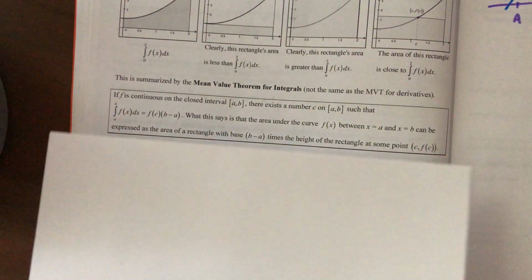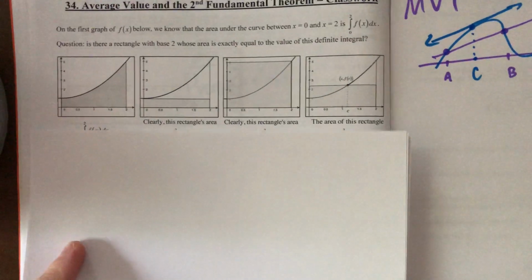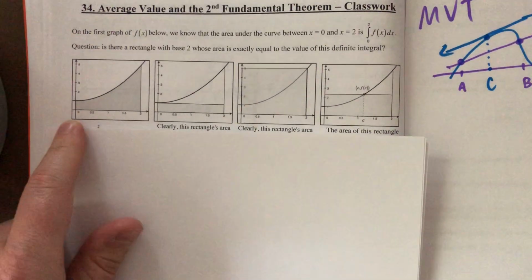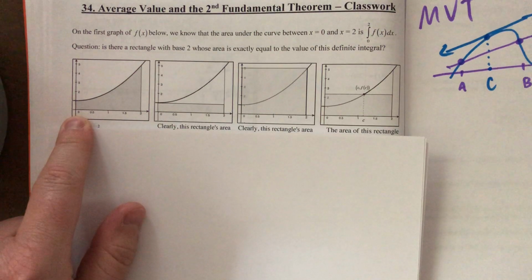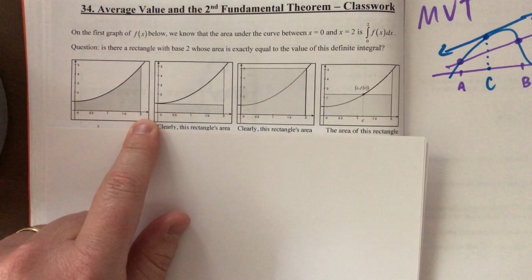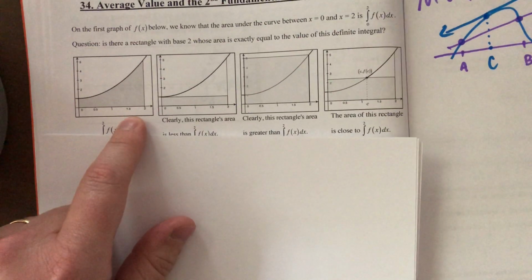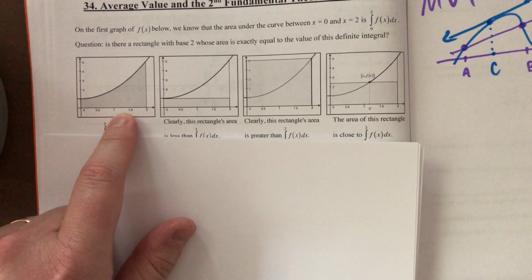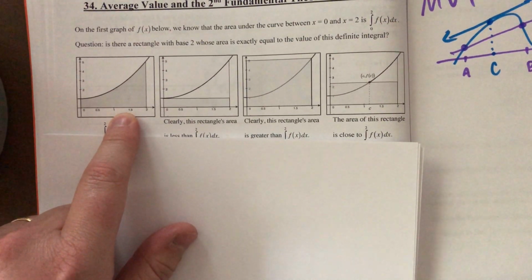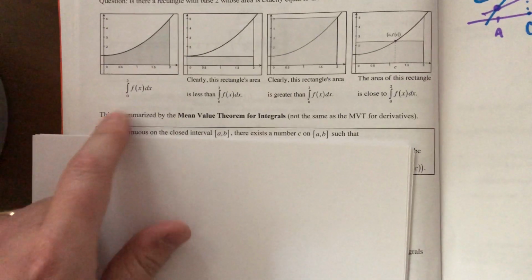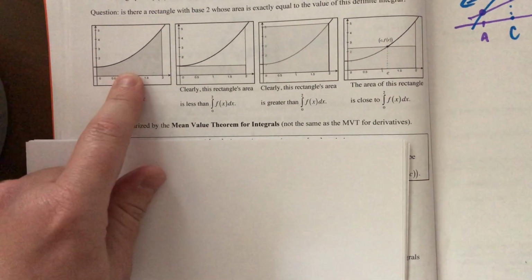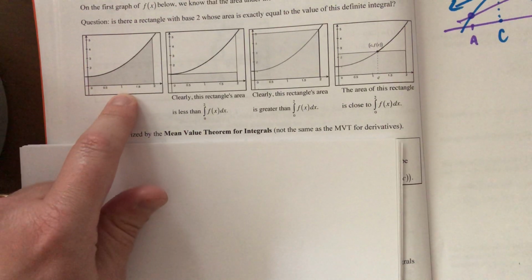So the mean value theorem for integrals, and I'm just going to use the pictures that he has here because these are really good. So we have some interval, so this one's going from 0 to 2, and there is some rectangle that we can make. So from 0 to 2, f of x dx, this is our integral, this is our exact area.